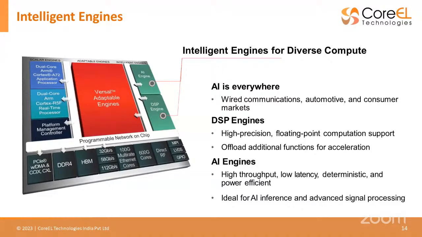And when we talk about the AI engines or the intelligence engines, we have our AI engines that will help us with high throughput, low latency designs, and they are much more power efficient within the Versal architecture. Okay, so these engines are ideal for AI deployment and AI-based signal processing.